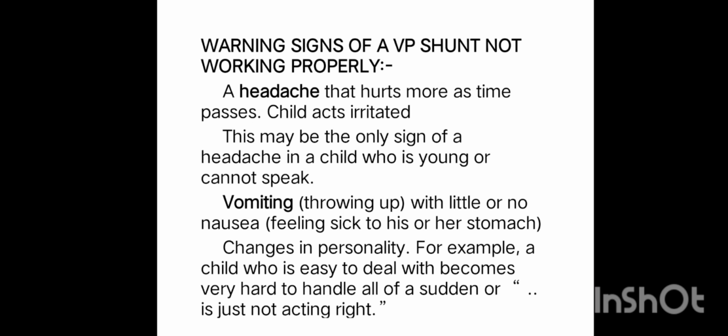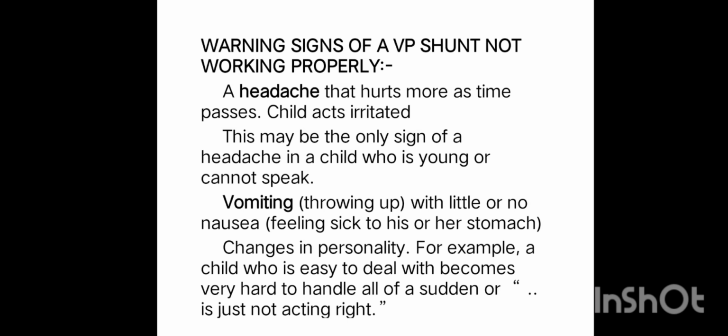So some of the warning signs when the VP shunt is done, if the shunt is not working properly, there will be some warning signs, no? That is headache, that is, the baby will be very irritated and crying, and also vomiting, that is throwing up, with little or no nausea, feeling sick to his or her stomach.